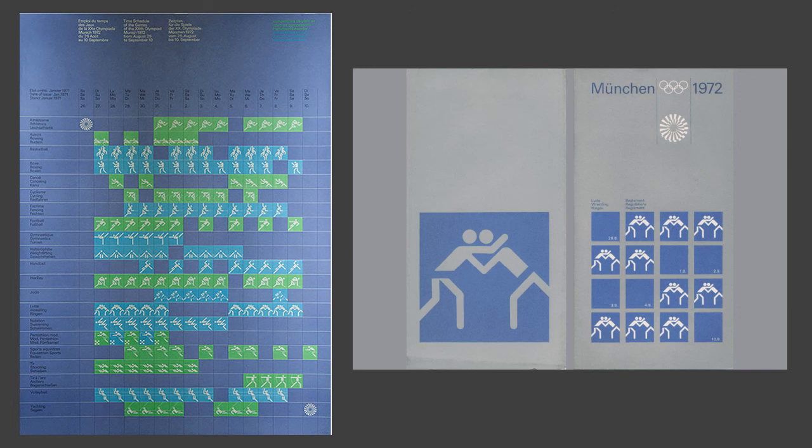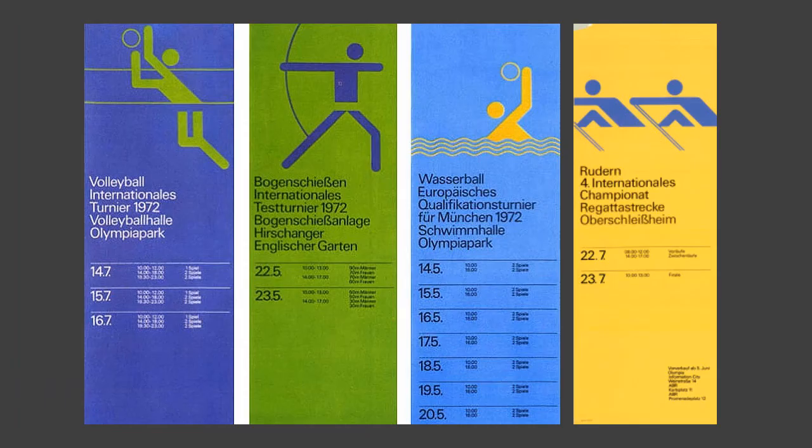So here are a couple examples of the pictograms in communications. Here's a couple more. I think the brand identity for the Olympics was really nice. I like all the colors, and you can see how the pictograms are working really nicely to quickly identify what sport we're talking about.